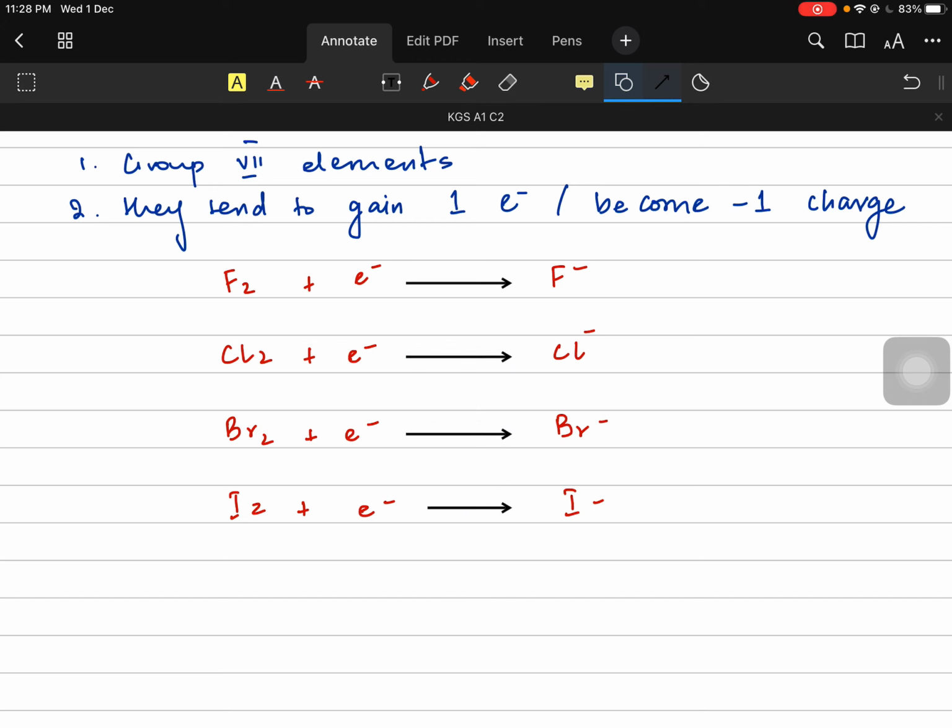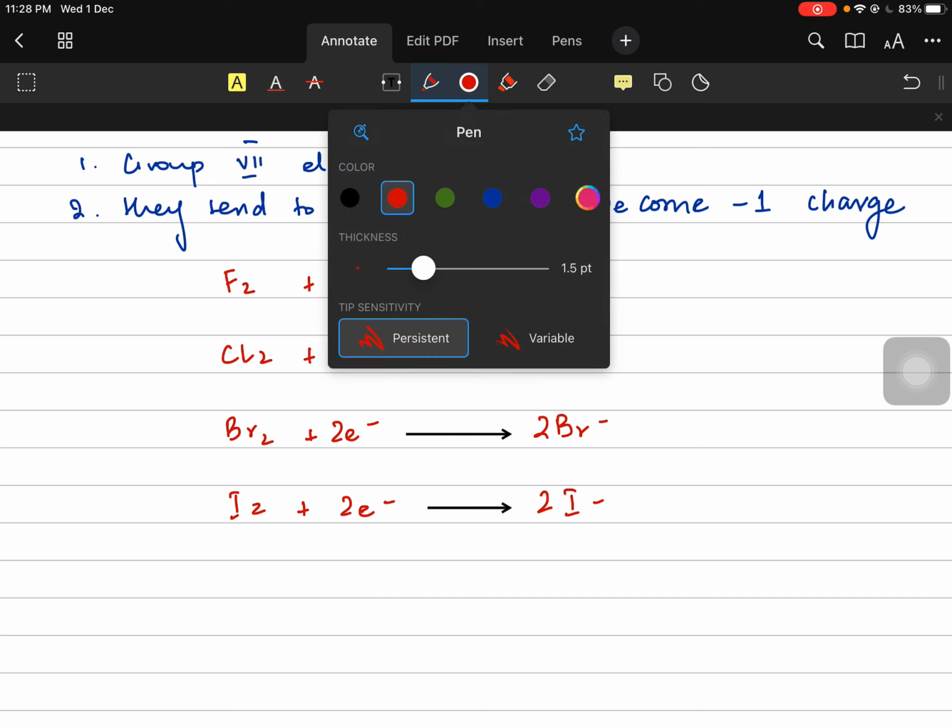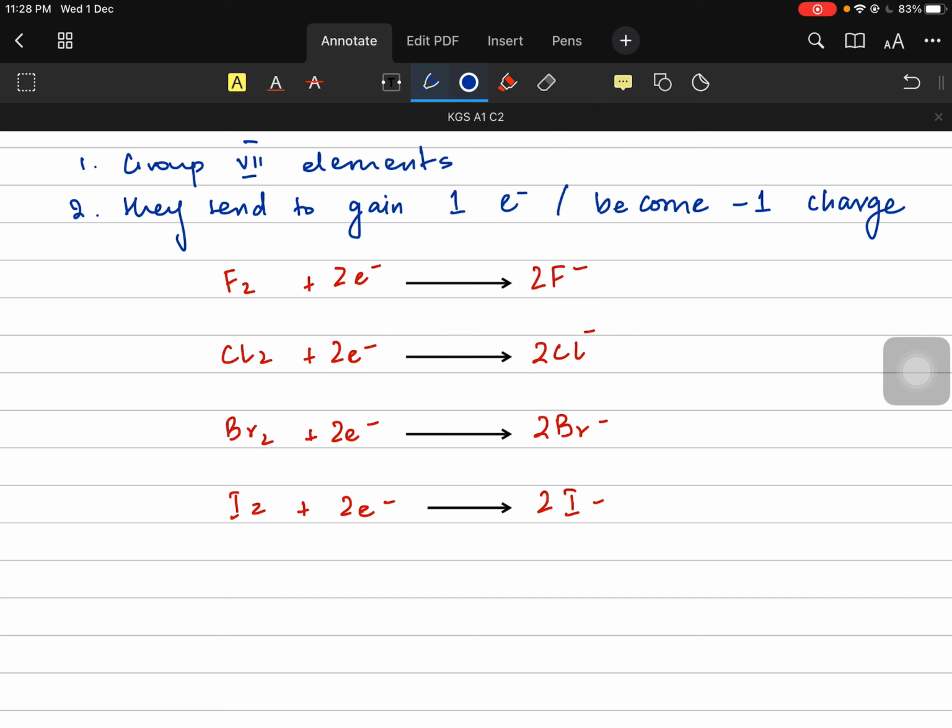Now obviously I'm talking about 2 atoms. Fluorine, chlorine, bromine, iodine are diatomic, so they all gain 2 electrons each, and they give you 2 ions because of the balancing of the equation. Fluorine is the most reactive of all of these. So fluorine is the most reactive one, and it gains the electron really easily.